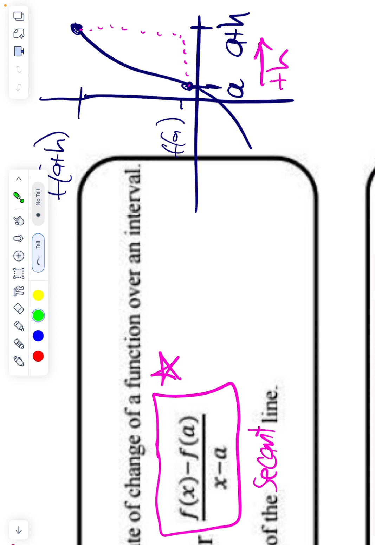So like right now, my slope would be, what's that kind of line called? What's it called when we connect 2 points on the line? Yeah, it's the slope of the secant. The closer we bring that second point over here to this one, the closer we get to the slope of the tangent line. The derivative is the slope of the tangent line, okay?